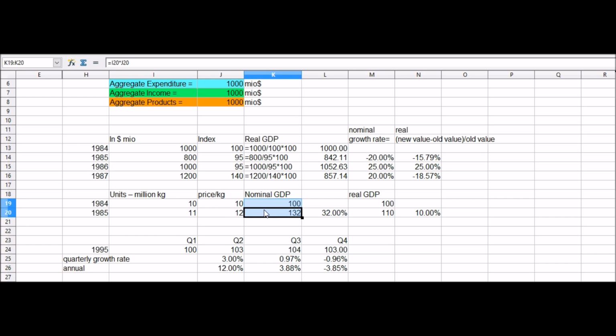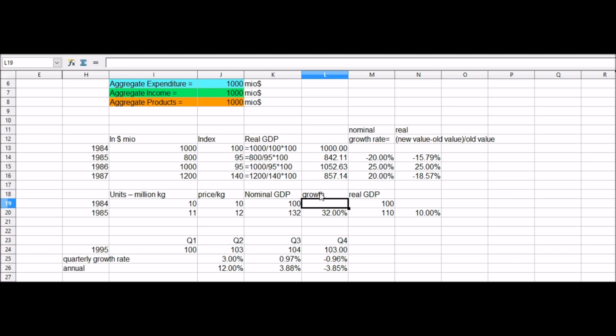Now in 1985 our GDP increases due to an increase in consumer expenditure. So consumers have gone from consuming 10 million kilograms of butter to 11 million kilograms of butter, which is an increase of 10%. So consumer spending has increased in 1985, and our GDP has increased due to an increase in consumer expenditure plus an increase in prices to $132 million, since we are measuring GDP in current market prices.